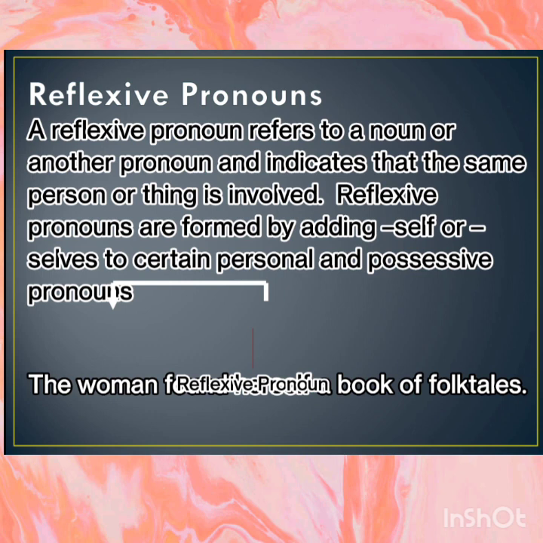Reflexive pronoun. A reflexive pronoun refers to a noun or another pronoun and indicates that the same person or thing is involved. Reflexive pronouns are formed by adding self or selves to certain personal and possessive pronouns.